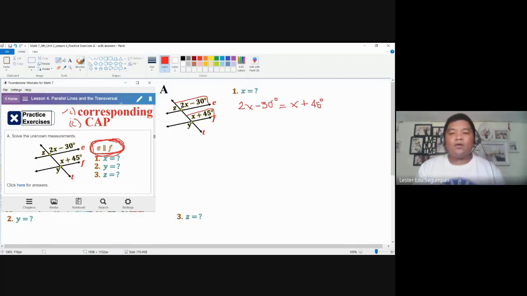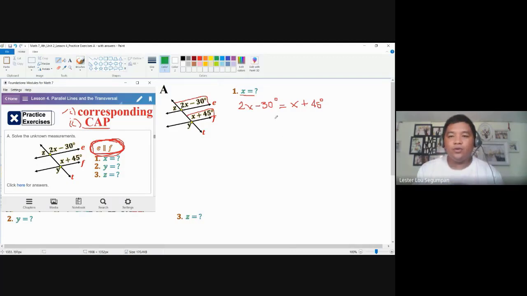This is now what we are going to use to solve for the value of x. We came up with this equation with the use of the corresponding angles postulate after we determined that they are corresponding angles. And out from this, it's just simply solving linear equations.